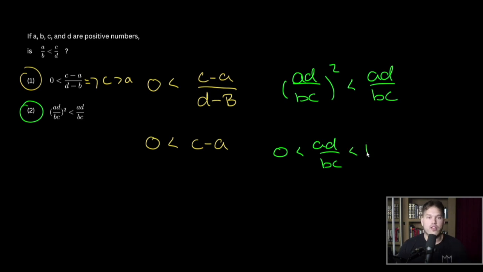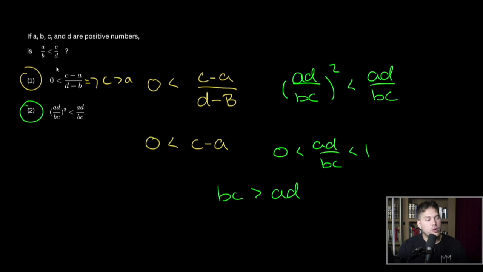It must be a fraction between 0 and 1 in order for it being squared to be smaller than what you start with. So this also implies that BC, our denominator, must be greater than our numerator, AD.